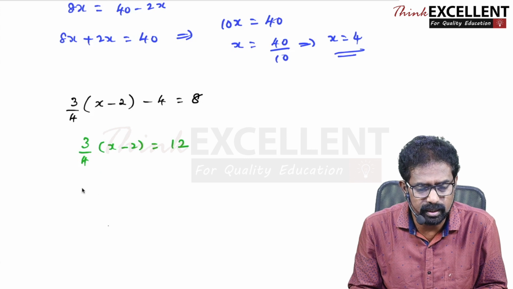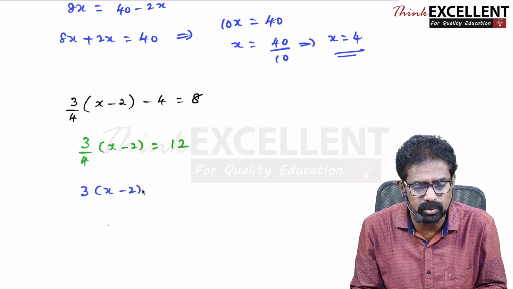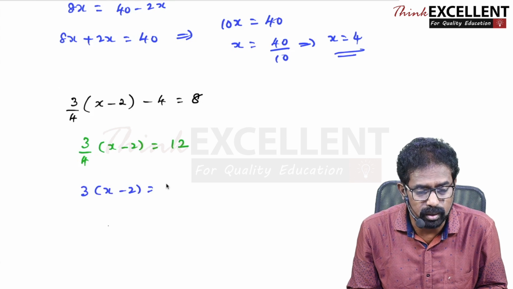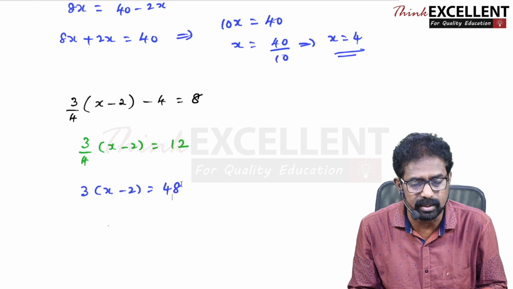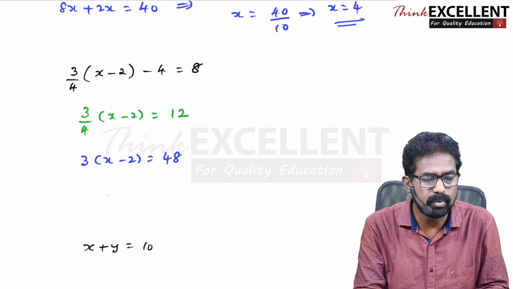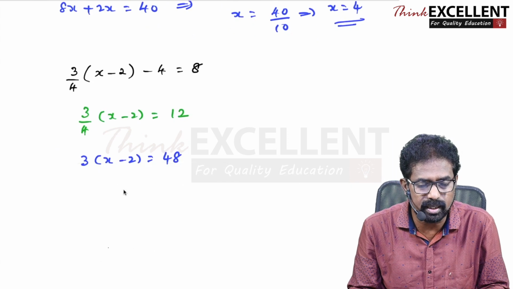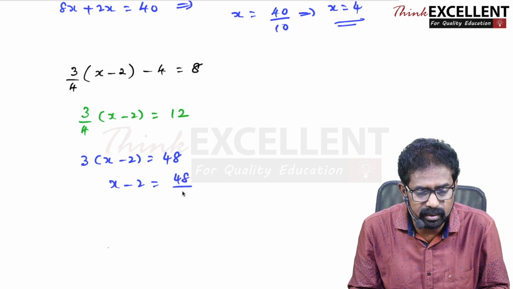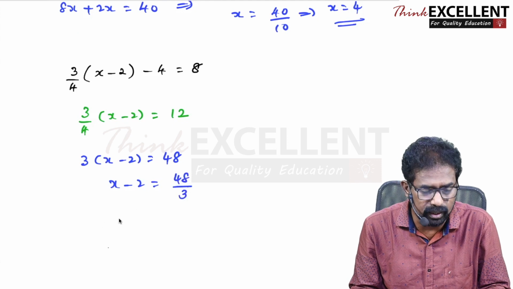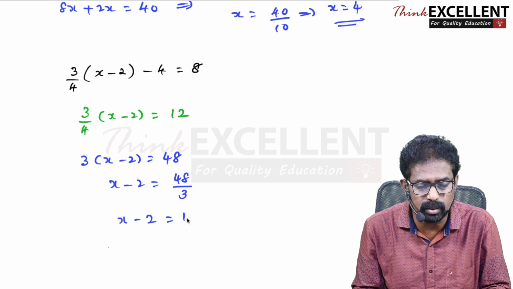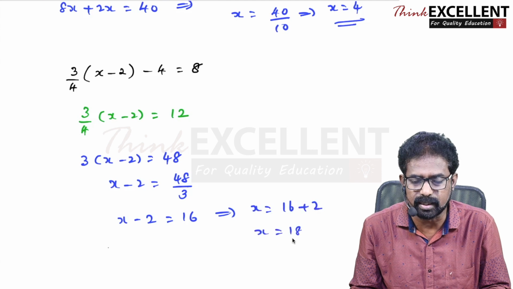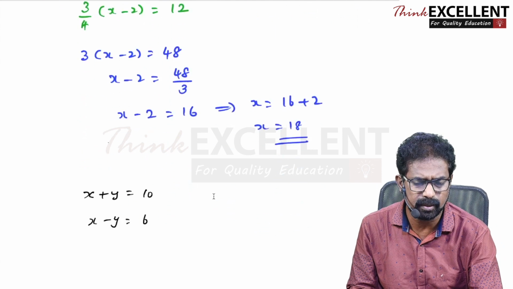So you are getting 3 into x minus 2 equal to 12 into 4, right? 48. Then if you want, you can take that 3 also to that side. So x minus 2 is equal to 48 by 3, which simplifies to 16. So x minus 2 equal to 16. So x is equal to 16 plus 2, you are getting x is equal to what? 18. Okay, you can solve it in different ways.